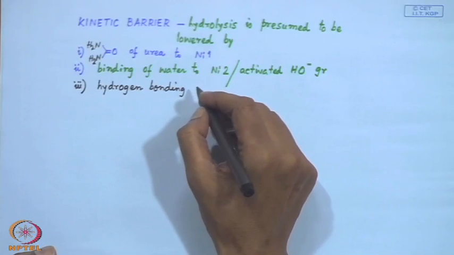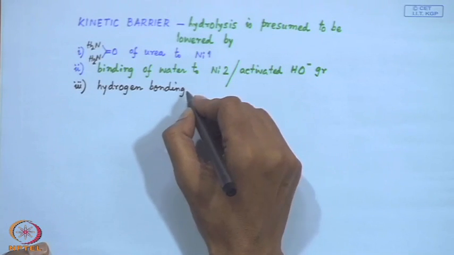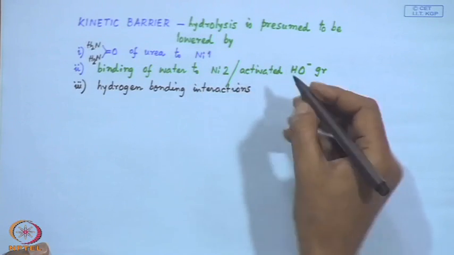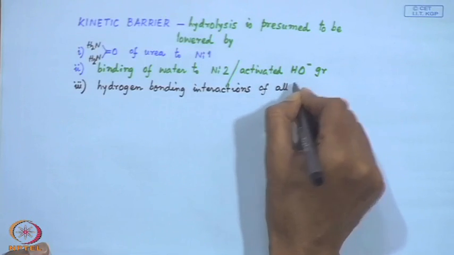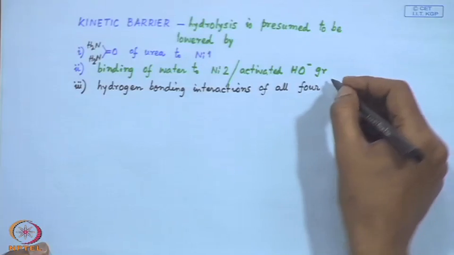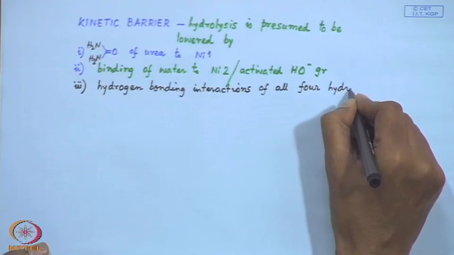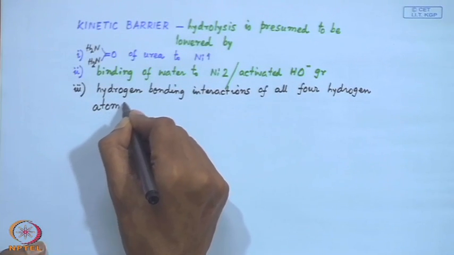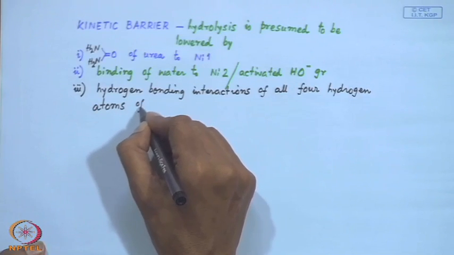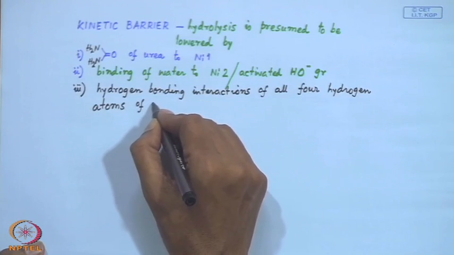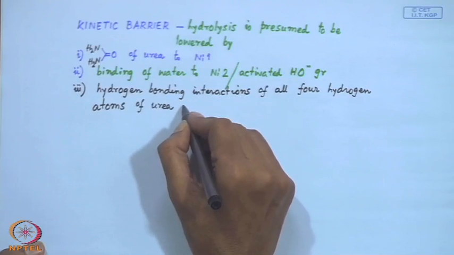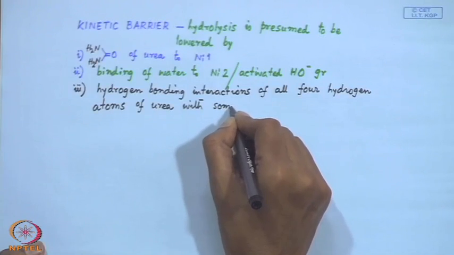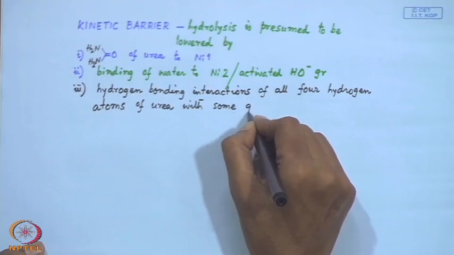So, you have hydrogen bonding interactions of all 4 hydrogen atoms of urea with some available electrophilic groups of the protein.